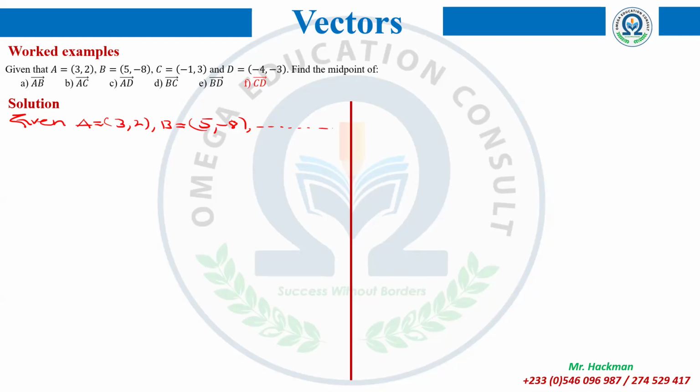So at this point, before you even write the given, you know that you are going to deal with vectors. I've told you, anytime you are given points in the coordinate form and you know that you are going to work with vectors, what did I say you should do? What was the advice? Anyone to make us proud?